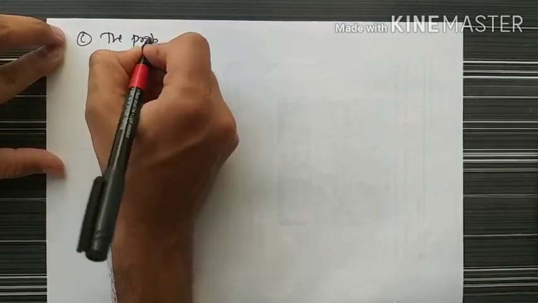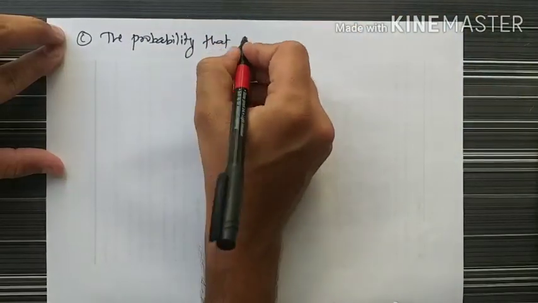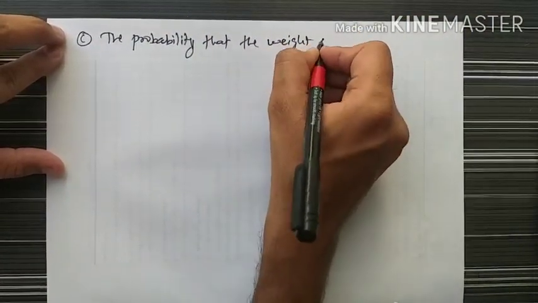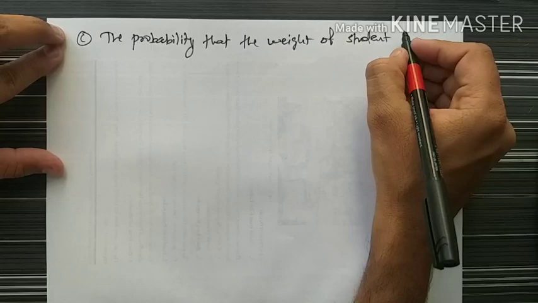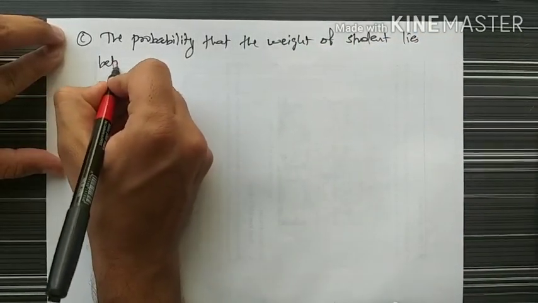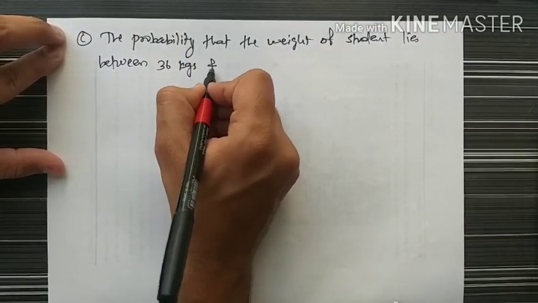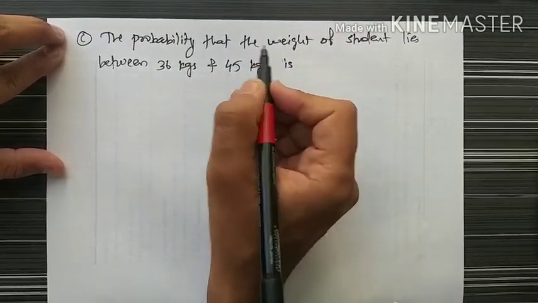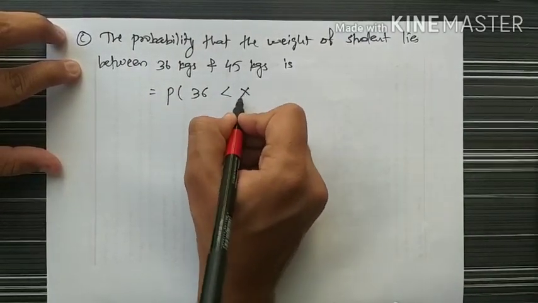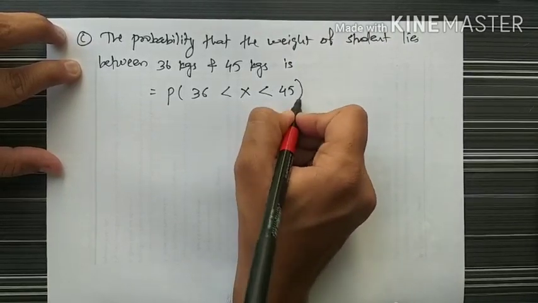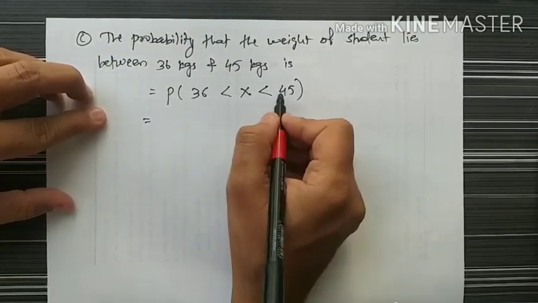In notation, this is the probability that 36 is less than X, the weight of a student, less than 45.